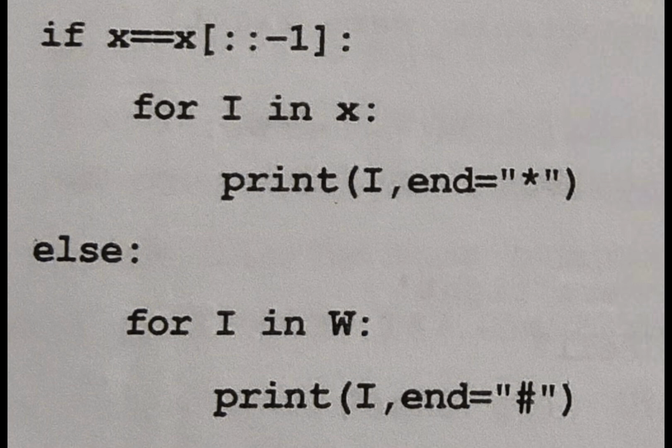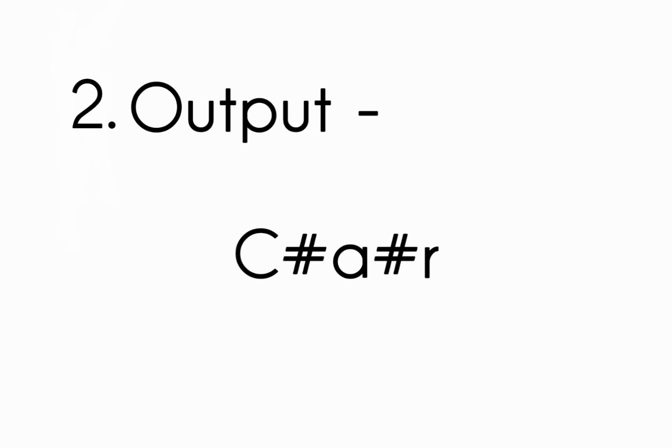Inside the if condition the separator is asterisk, but inside the else condition we have to use the separator hash, because in the last line it is written print(i, end="#"). This means we have to print these characters in a single horizontal line using the separator hash. So for the second time, this will be our output, that is C#a#r.